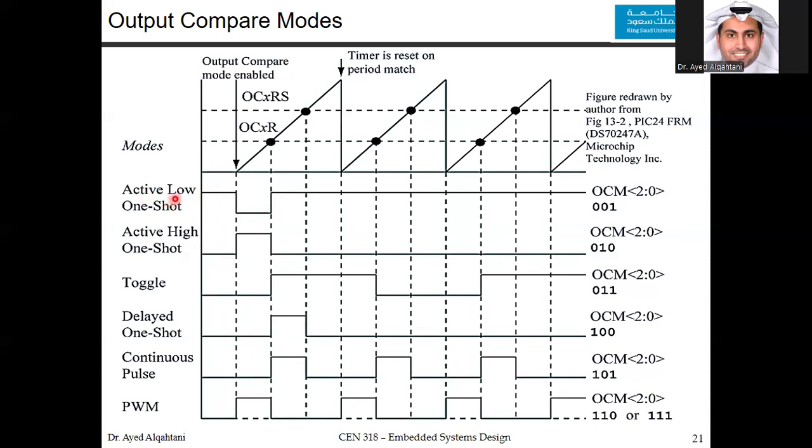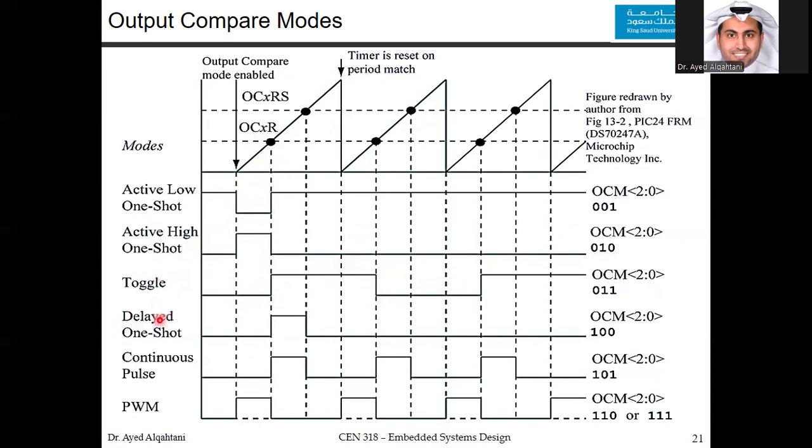The first one, the active low one shot, starts with the beginning of the timer, and the pulse ends with the OCR. For the active high one shot, the start and the finish are the same, but it's the other way around. For the toggle, the toggle happens at the OCR point. Whenever you hit OCR, the toggle happens, and so on.